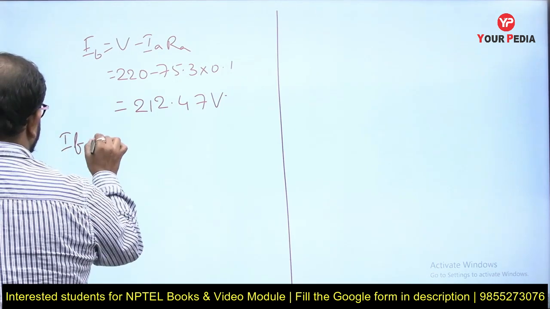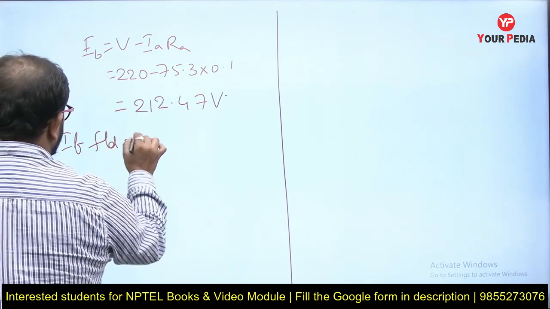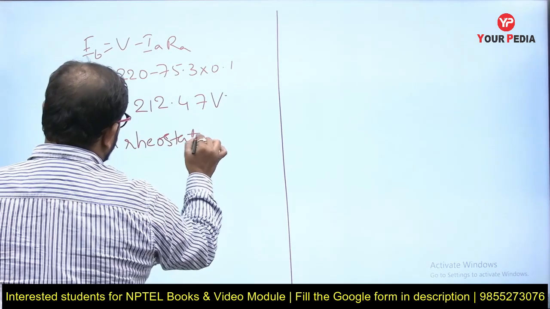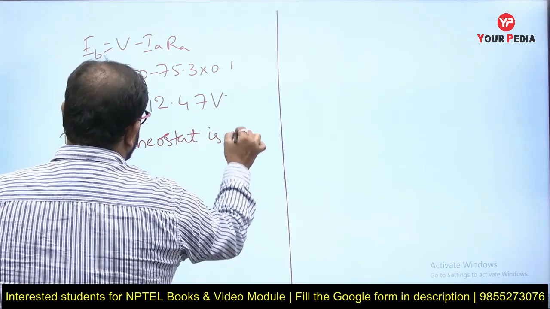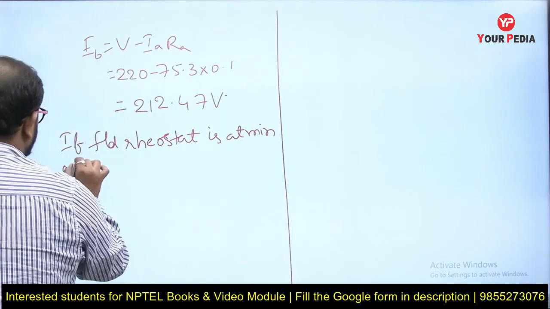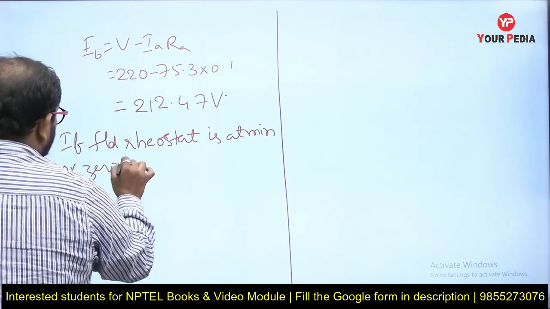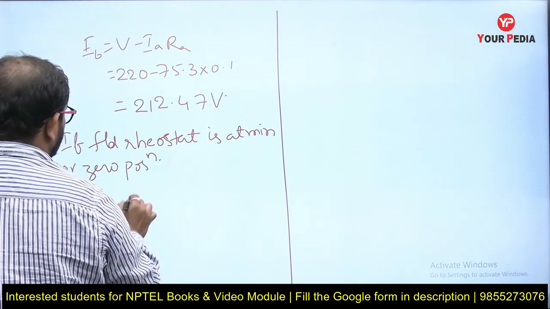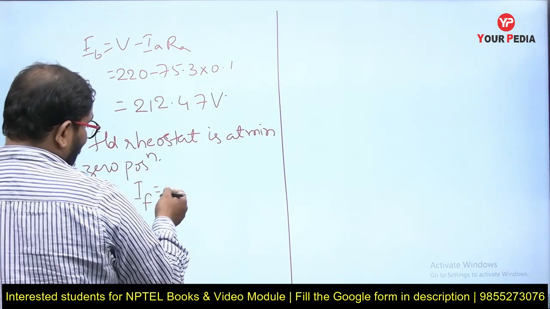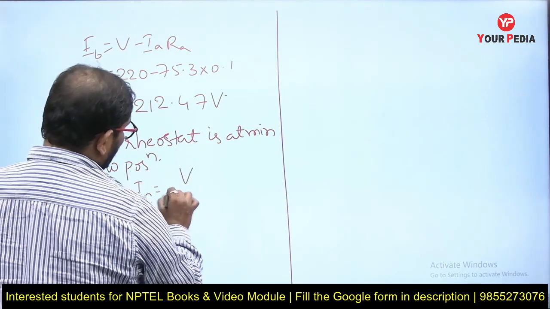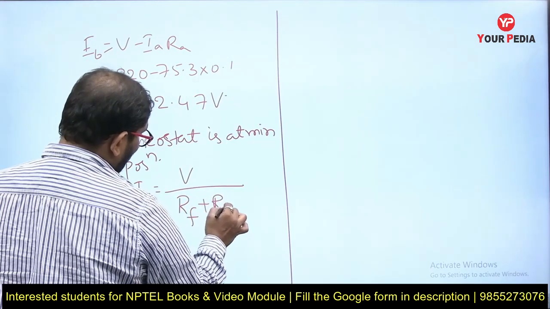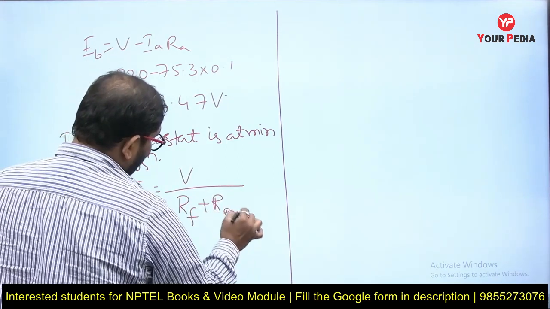So first let me take the first condition: the field rheostat is at the minimum or 0 position. What happens to the field current? Field current is equal to the terminal voltage divided by the field resistance plus external field resistance.